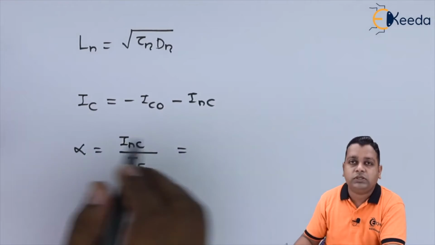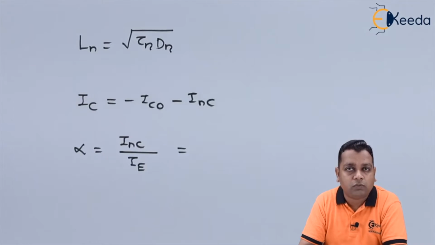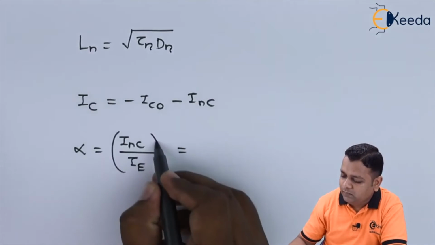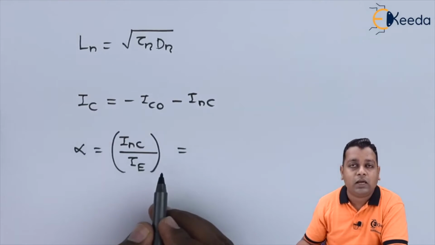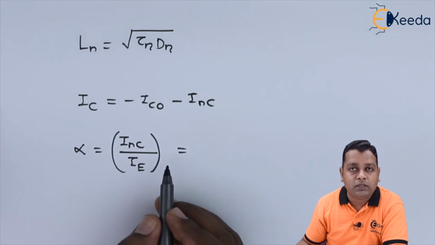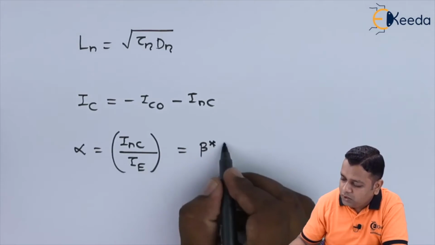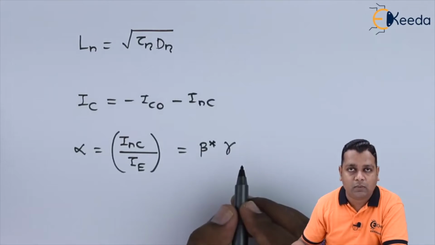As we just know the emitter efficiency formulation and the transport factor formulation, this ratio INC divided by IE can be obtained by a simple multiplication of the transport factor beta asterisk with the emitter efficiency gamma.